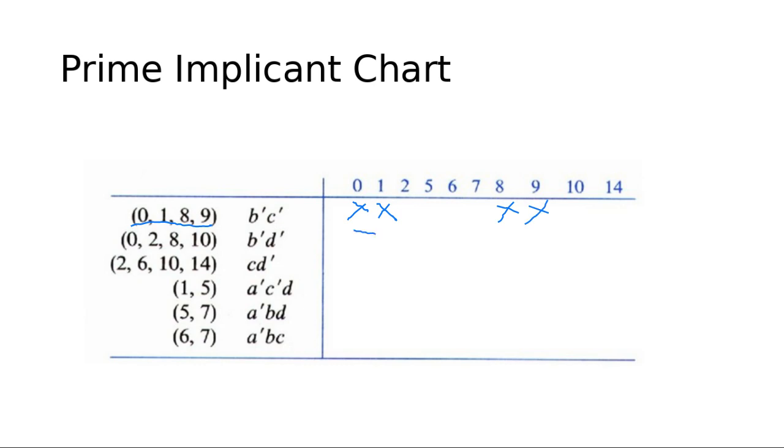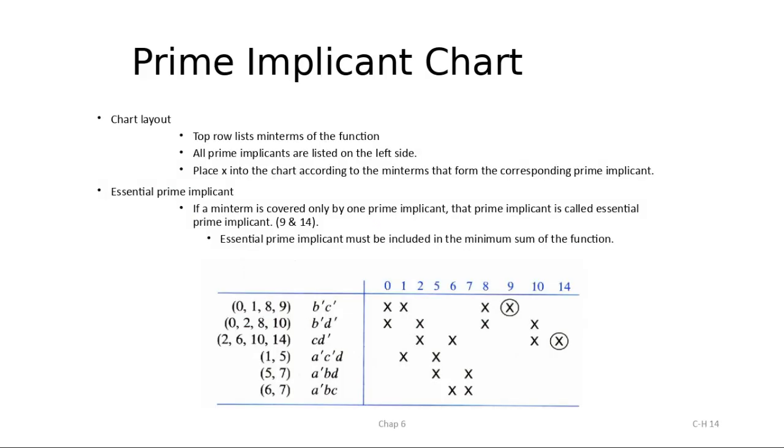And you also have this one, 2, 8 and 9. You also have this one, 2, 6, 10 and 14. You will do that for all of the expressions and you get this table, right?